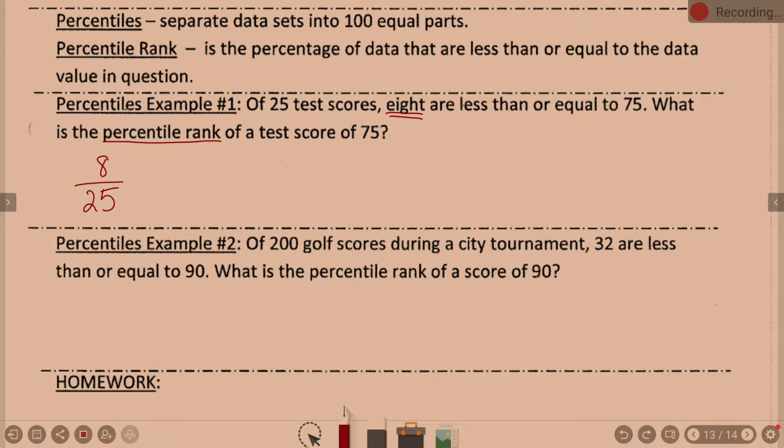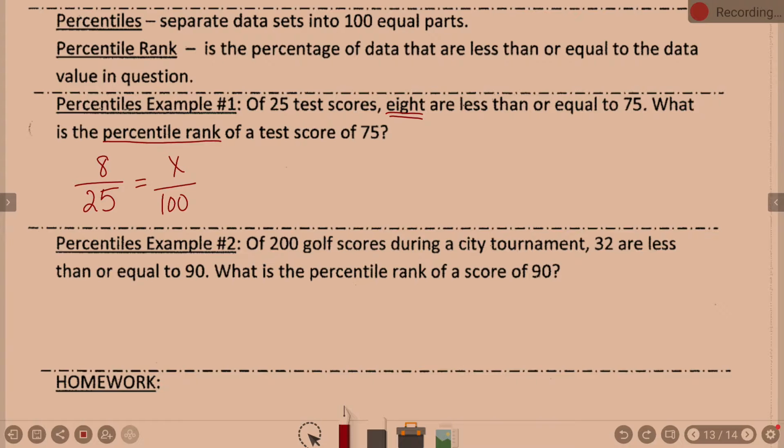You can do it that way, yep. I was waiting to see which way you went. Do you do cross products at that point, or how do you get from 25 to 100?